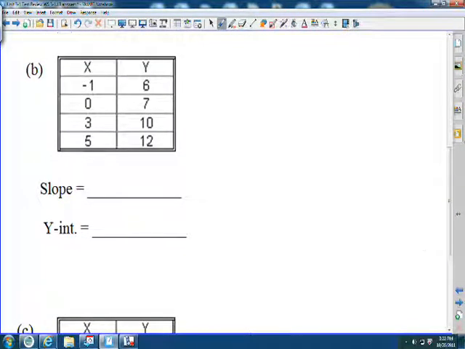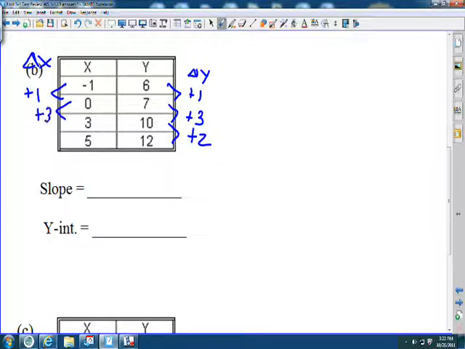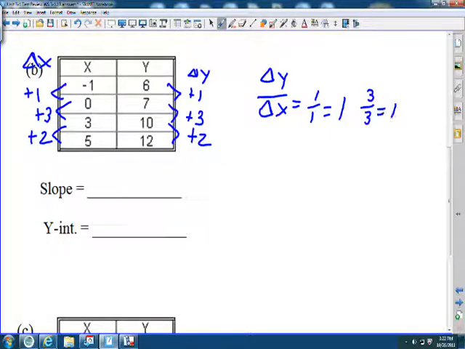Okay. What is the slope? Well, we go delta y, the change in y is plus 1, plus 3, plus 2. Delta x, the change in x, plus 1, plus 3, plus 2. So I have delta y over delta x. 1 over 1 is 1. 3 over 3 is 1. 2 over 2 is 1.